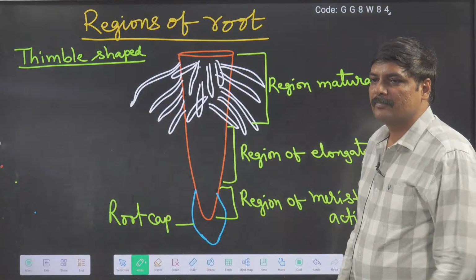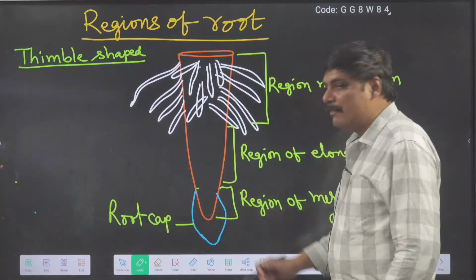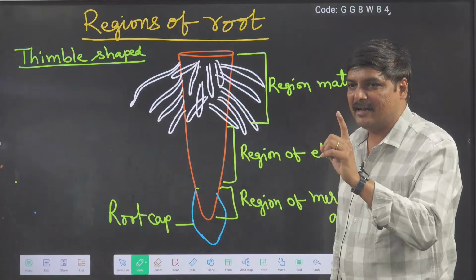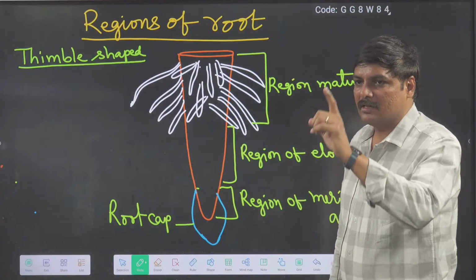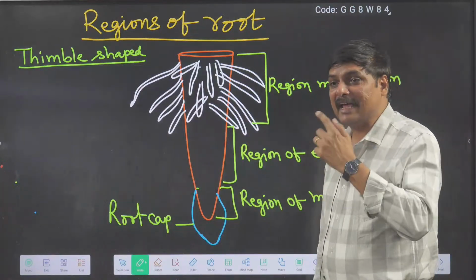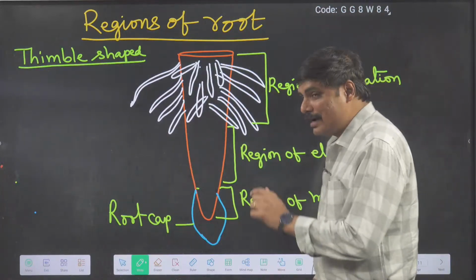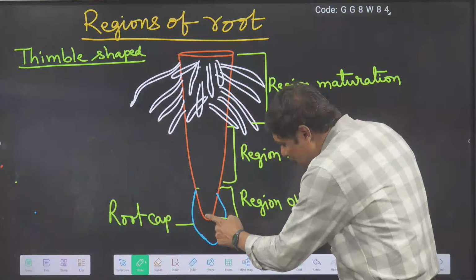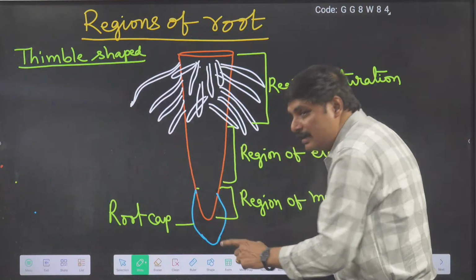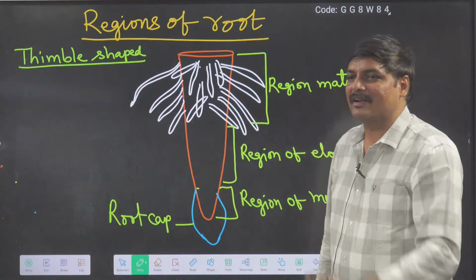And remember, this root cap can be regenerated. If in any case the root cap is lost, it is regenerated again. Because of the presence of the root cap, the root apex is not terminal, and it becomes subterminal.